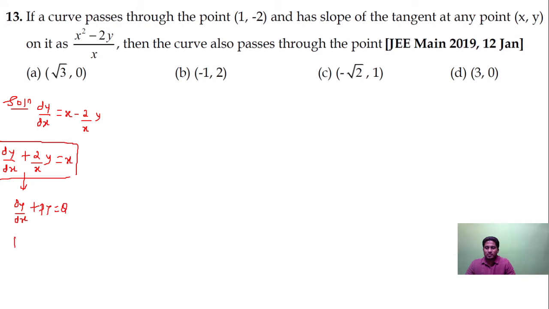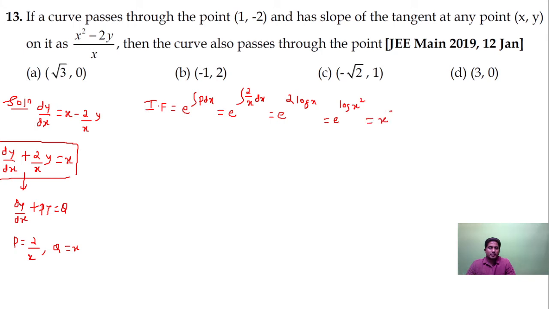You get p is equal to 2 by x and q is equal to x. Integrating factor is equal to e to the power integral p dx, which is e to the power integration of 2 by x dx. E to the power of 2 into integration of 1 by x, which is log x. So this is equal to log x square, 2 log x is log x square. E to the power log x square will be equal to x square.